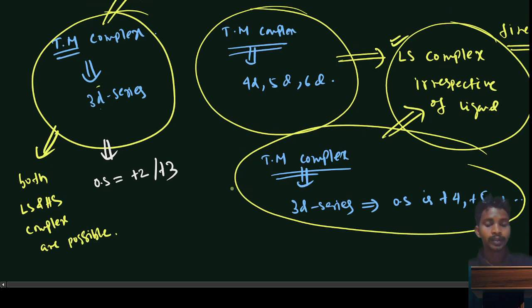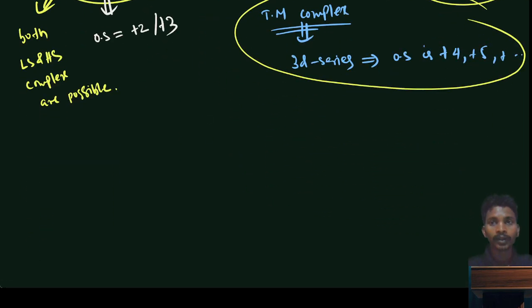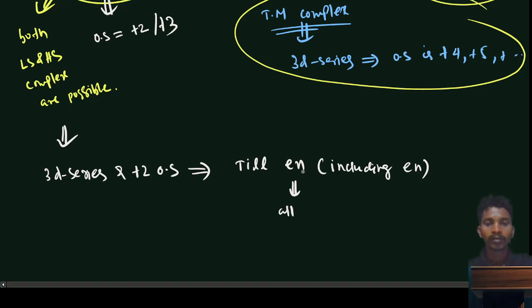So for which case is it high spin, and for which case is it low spin? For that, we note that if it is the 3D series and +2 oxidation state, then till en, that is including en, we will always get high spin complexes.